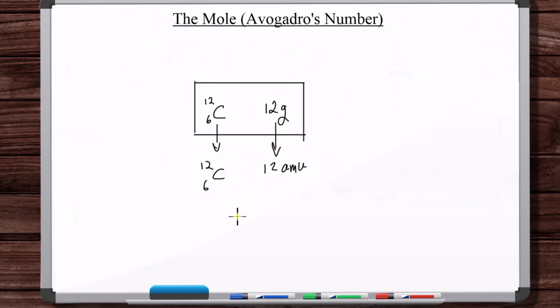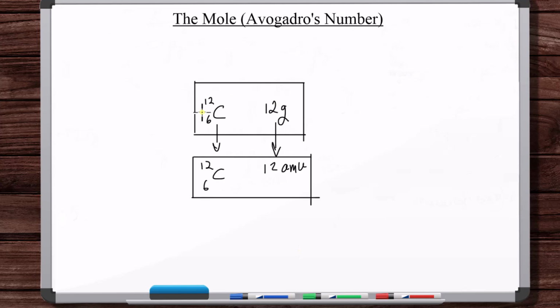That's the reason. The number that we're going to use to bridge the gap between atomic size and macro size is based on the number of carbon-12 atoms in 12 grams of carbon-12, because that number lines up with the definition of the AMU. We're going to see how this makes the bridging of this gap as smooth as possible.